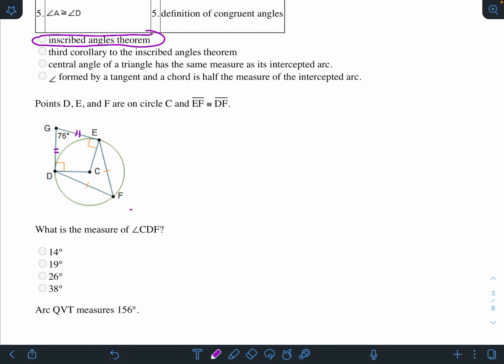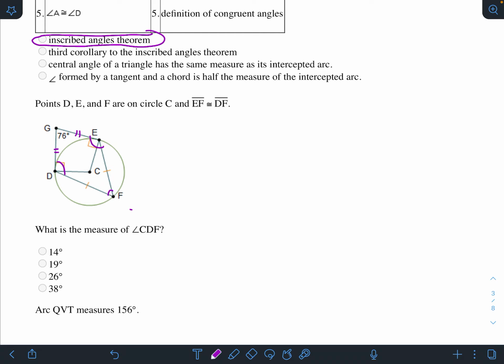So it forms a kite. And what I know about kites is that these angles opposite the congruent sides are going to be congruent to each other. So first thing I want to do is solve for this angle F right here.